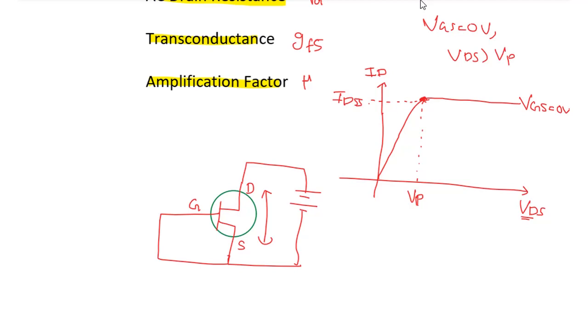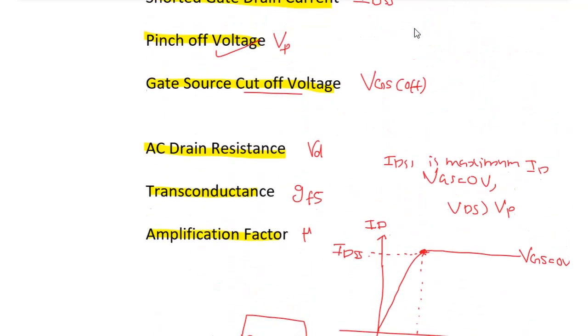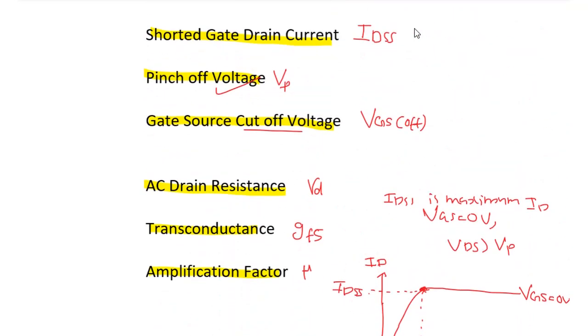So IDSS is the maximum drain current with conditions VGS equal to 0 volt and VDS greater than pinch off voltage VP. So we have said what is IDSS. So VP is already explained and IDSS is explained.